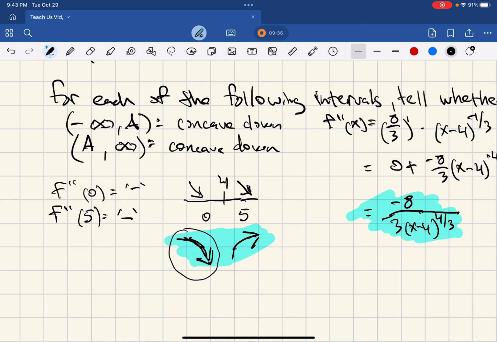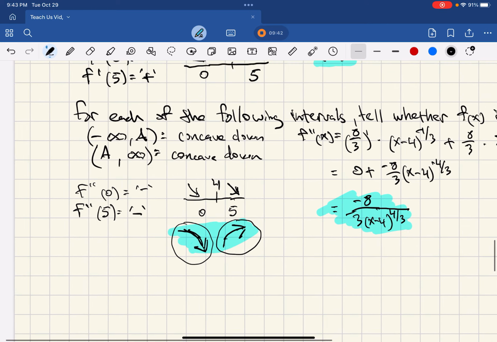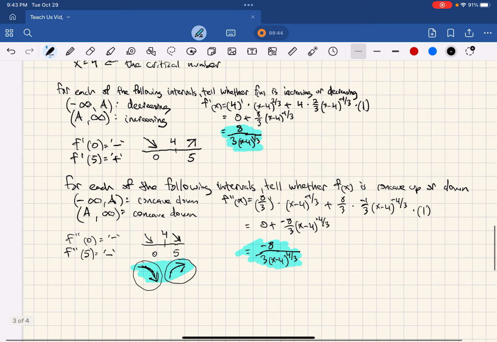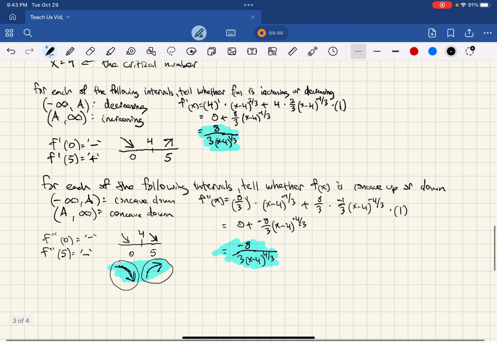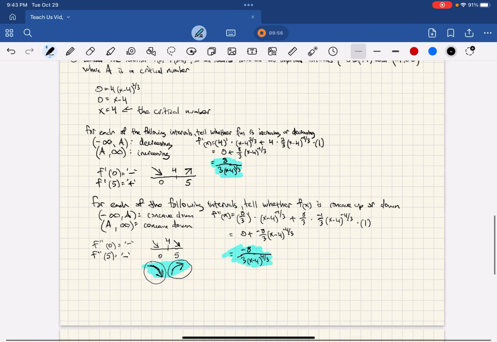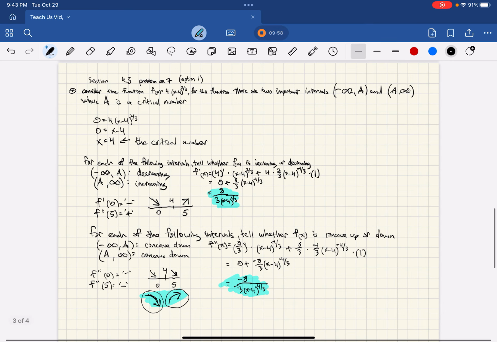Moving from left to right, it's increasing while it's concave down. So it'll just look like this, which I want to circle again. And so negative infinity to a is concave down, and a to positive infinity is also concave down. And that's it.